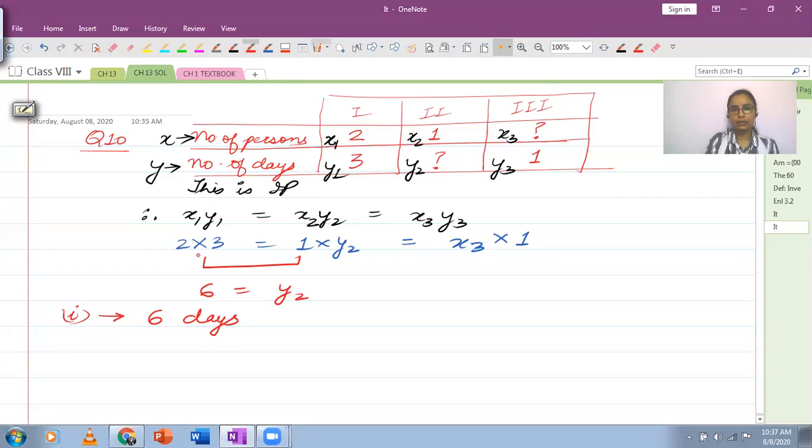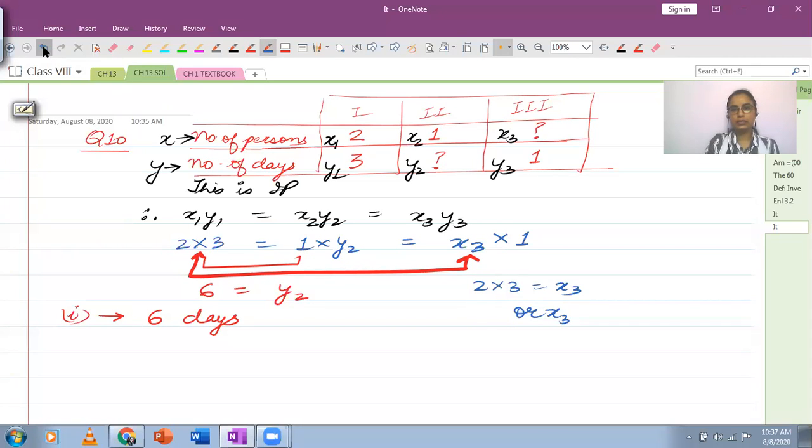I'm now taking this value with this one. So I have 2 multiplied by 3 equals X3, or you can say X3 is equal to 6. This is the answer for the second part, where we have the number of people.